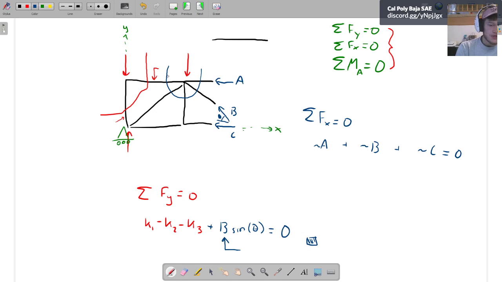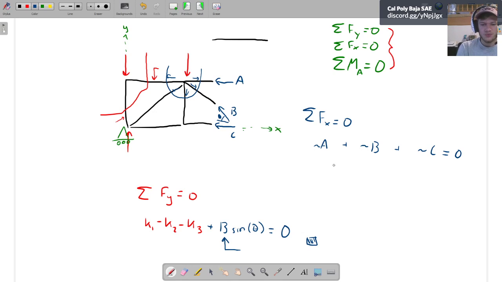Now, because we are replacing these with equivalent reactions, this is a legal move. There's nothing fundamentally wrong with this problem. It's just that it kind of defeats the purpose of doing the method of sections, right?